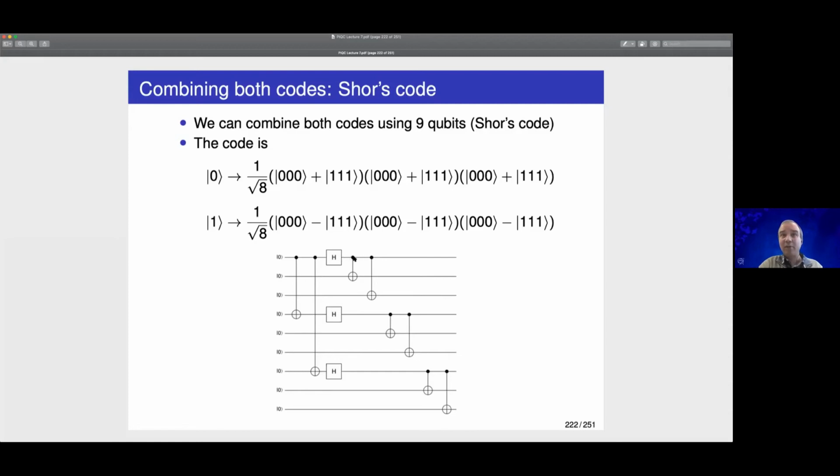And then in each of these parts, we use the code that protects against the qubit flip. So you can see this as the encoding in the qubit flip code of a plus. This is the encoding with 3 qubits of a plus, and this is the encoding of a state minus, with the 3 qubit code that protects against qubit flips.